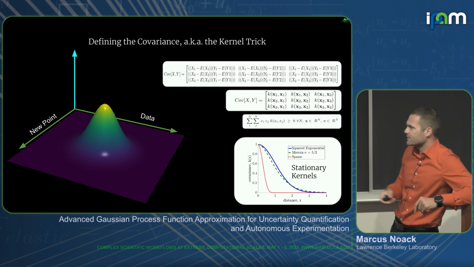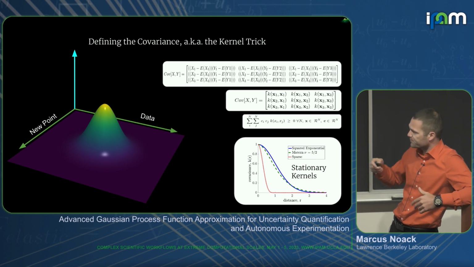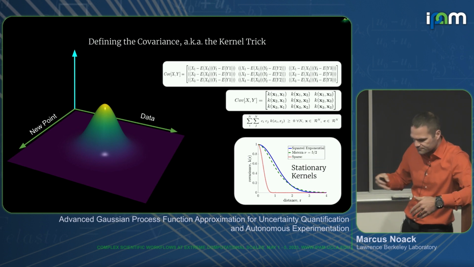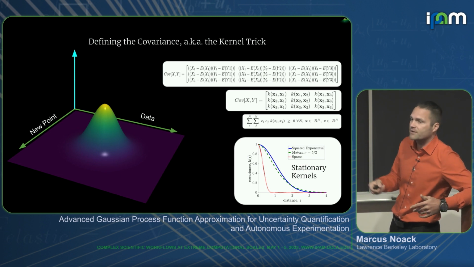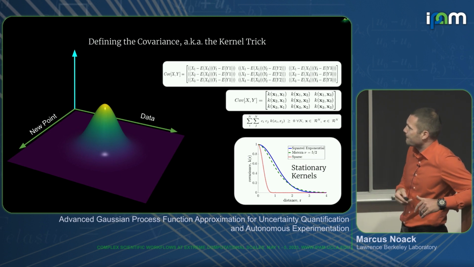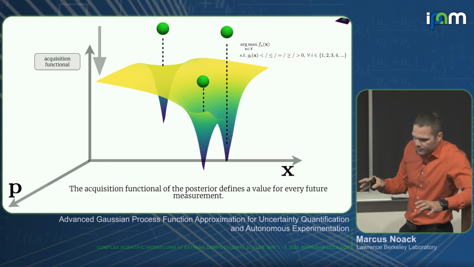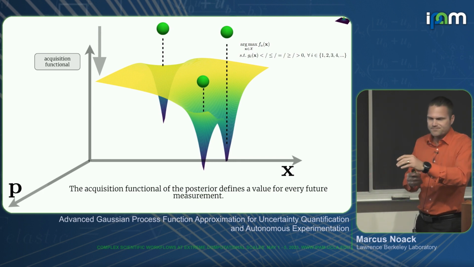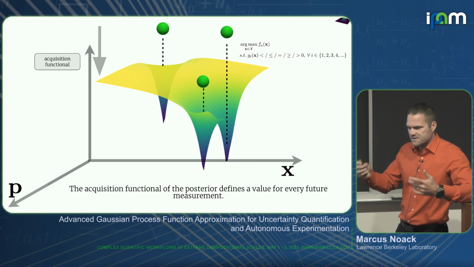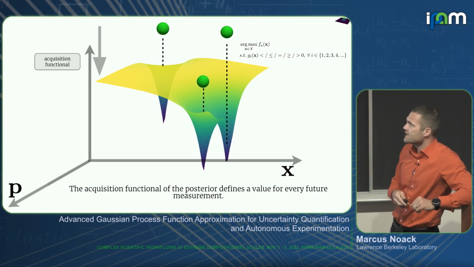So lots and lots of studies have been done with this squared exponential kernel, which is a stationary kernel. And part of the talk is going to be about how to get away from this, how to not use stationary kernels. Either way, we have seen we always have the surrogate model available. From the first data point on, we have a surrogate model that's the posterior mean, and we have uncertainties.